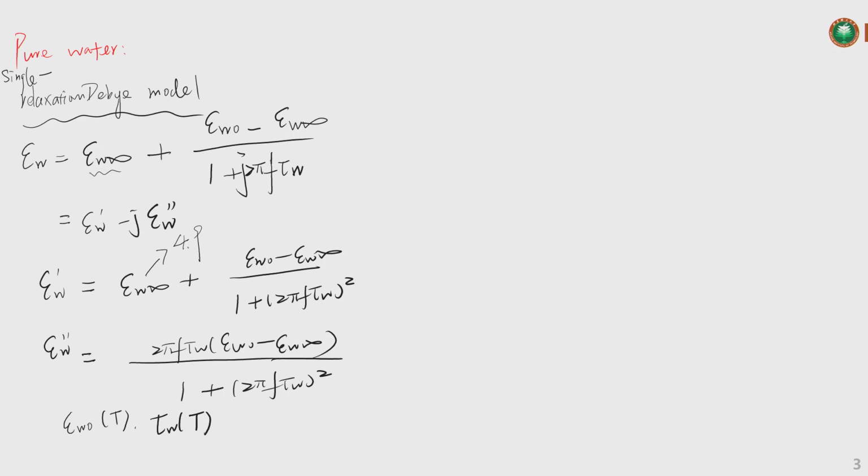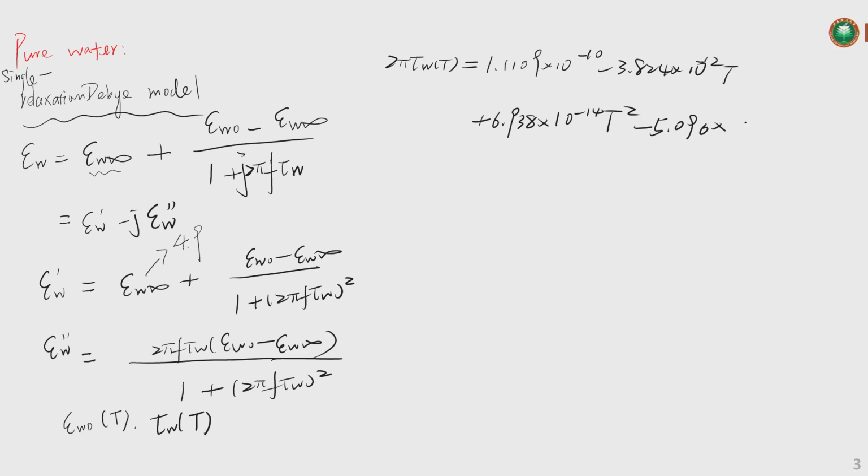According to measurements and some publications, they obtained expressions for the relaxation time with respect to temperature: 1.119 times 10 to the power minus 10, minus 3.284 times 10 to the power minus 12 times T, plus 6.938 times 10 to the power minus 14 times T squared, minus 5.096 times 10 to the power minus 16 times T cubed.